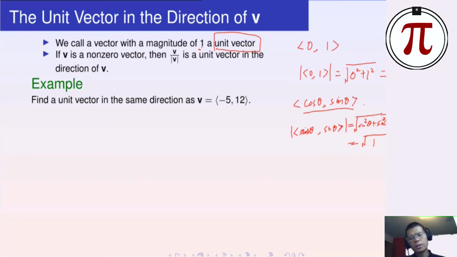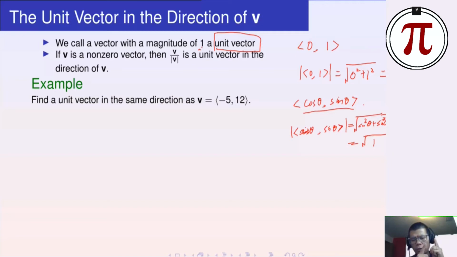Now, what if we do not have a magnitude of 1, and we just have a single vector? Given the vector, it has a magnitude which may not be 1, but it has a direction. It is a directed line segment, so it has a magnitude and also a direction.